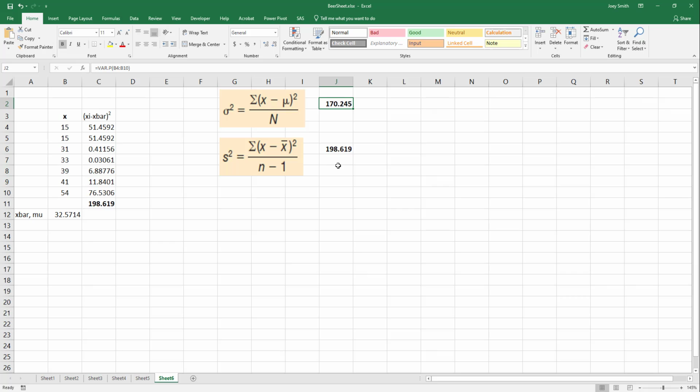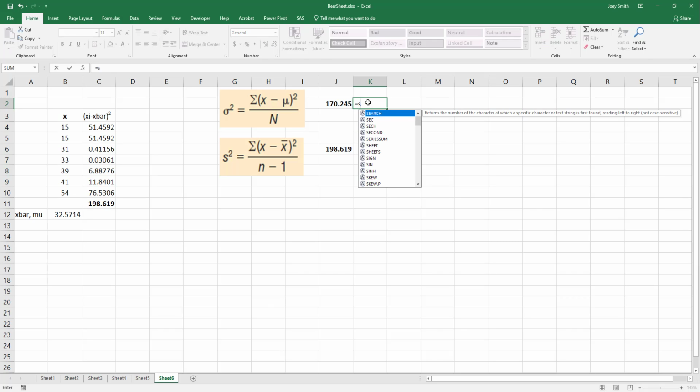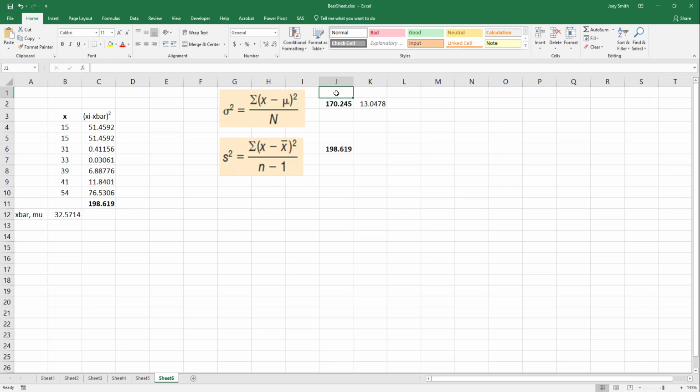So now how do we find the sample standard deviation and population standard deviation? To find the population standard deviation, you just take the square root of the population variance. S equals SQRT. So this is variance, and this is standard deviation.